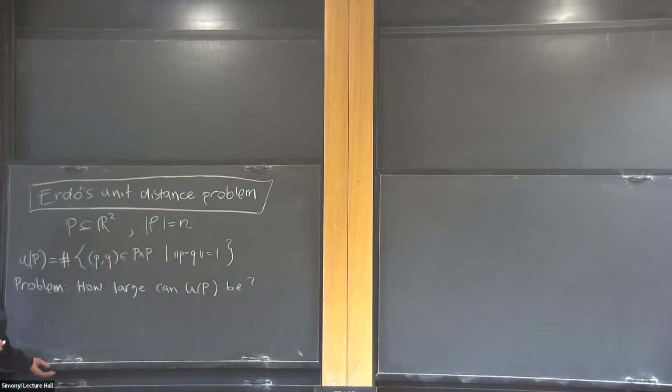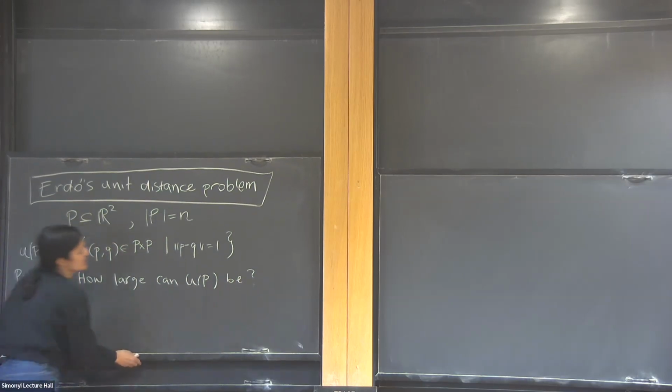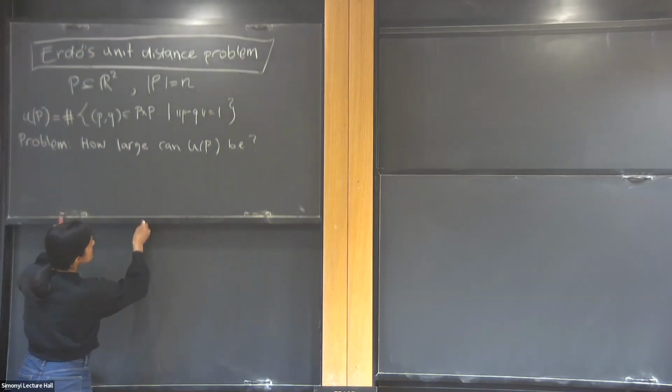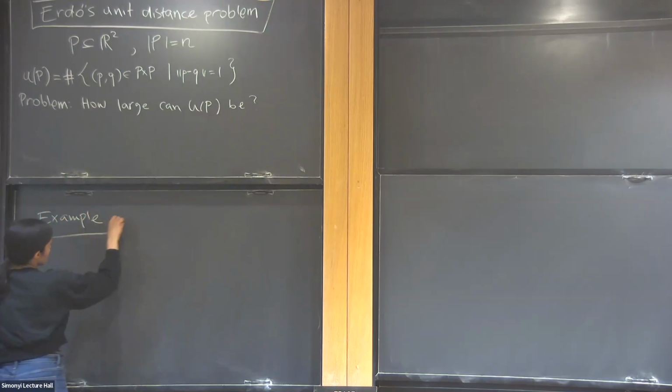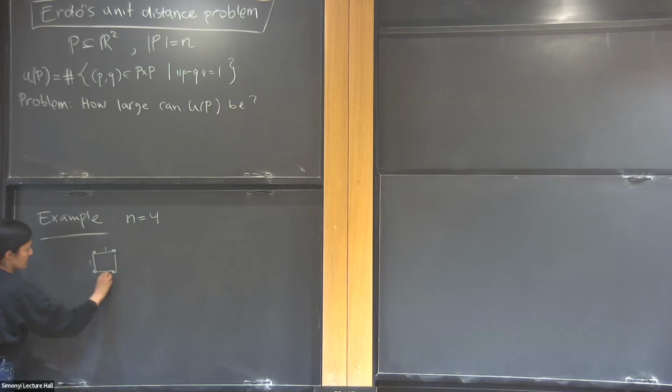In terms of n. Let's look at some example. Suppose that n equals 4. So we're looking at a point set of size 4, for example this one. In this example, these pairs all have distance 1, and the other pairs do not. So U of this set is 4. We have 4 pairs of distance 1.